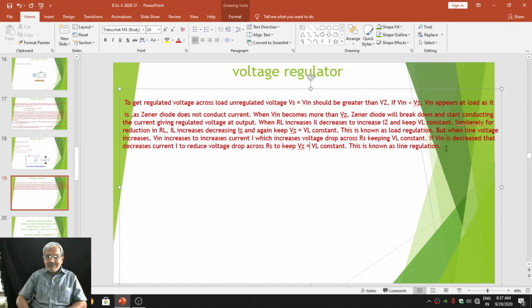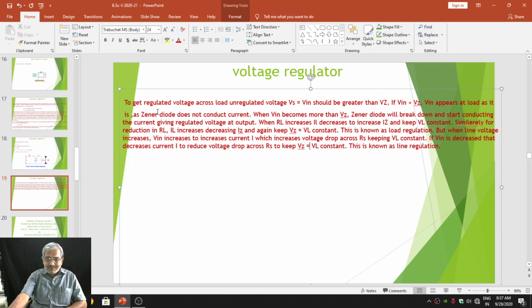Thus, at the end of this particular topic, we can say that if you combine a rectifier, filter and the regulating element together, it is possible for us to design the required magnitude of power supply which we need to provide to the particular instrument to be operated.